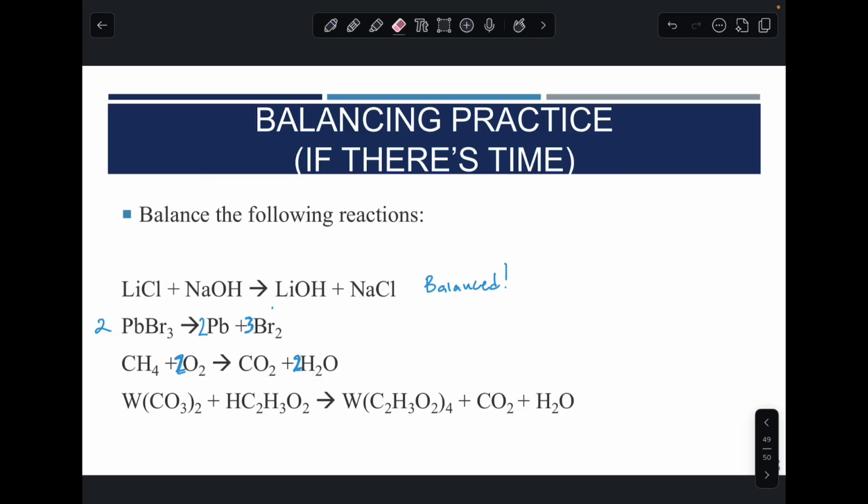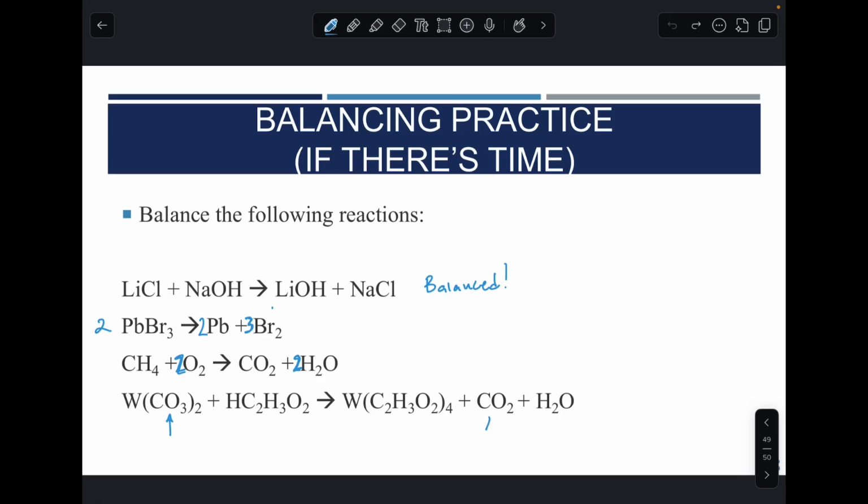Okay, let's work on the next one. So this one's a little trickier. Let's go through what it is. This is a combined reaction: a single replacement and a decomposition reaction. Decomposition, in that this complex right here is not seen on the other side. This CO3 with a 2- charge is a polyatomic ion, and you don't see CO3 on the other side. You see CO2, but you do not see CO3.